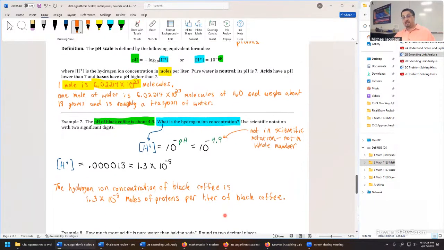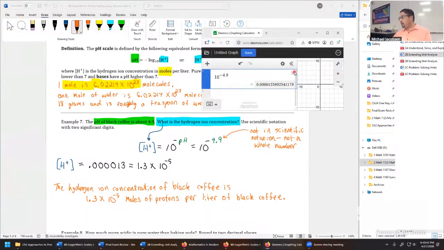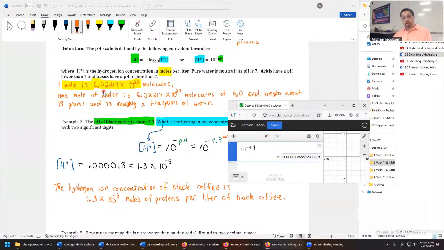And we can go just a step further if we wanted to. If it's 1.3 times 10 power negative 5 moles of protons per liter of black coffee, you can do the following computation. Not required in the homework at all, but this kind of helps to show just what did we really calculate. 1 mole is that number of molecules.